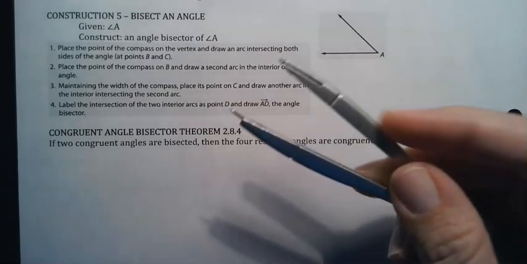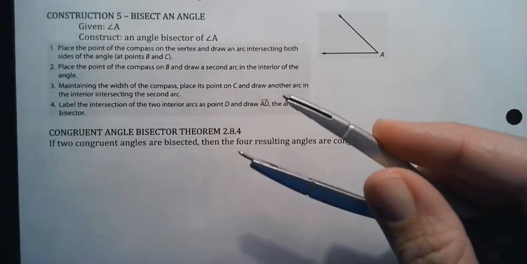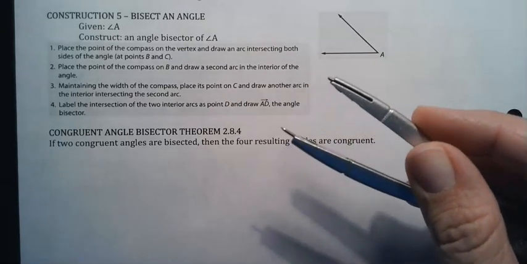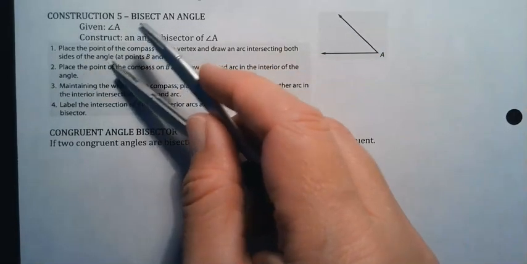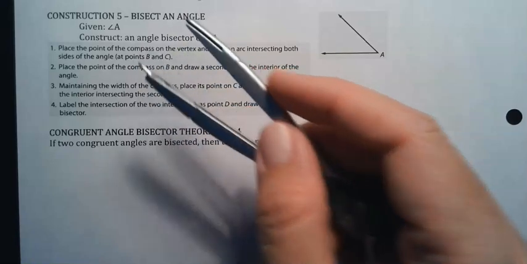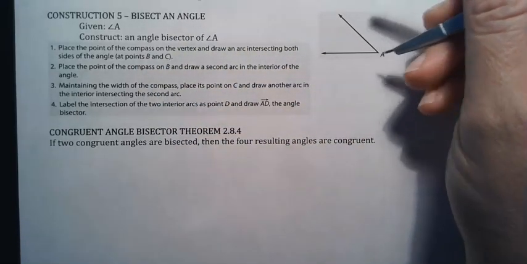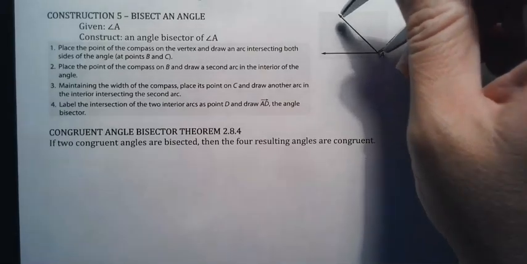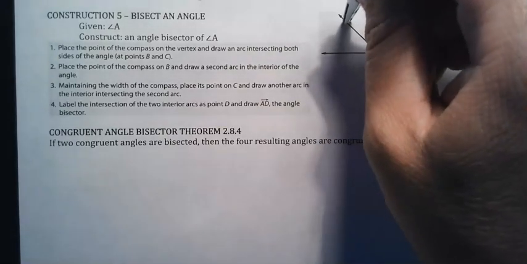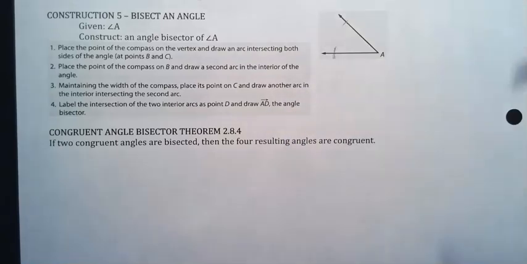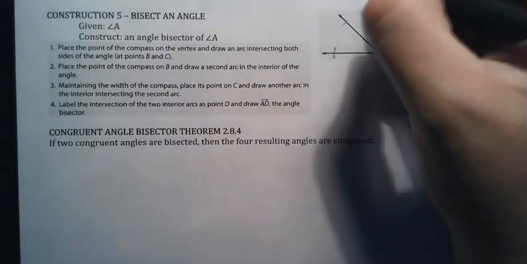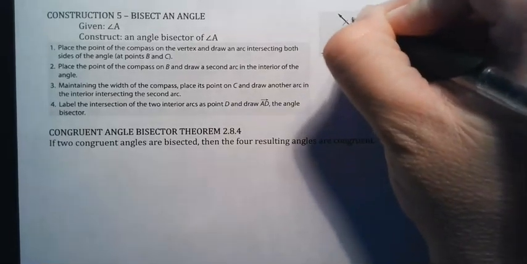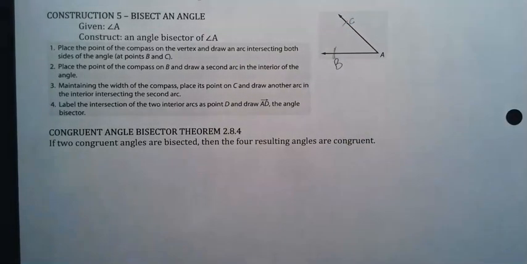First, we place the point of the compass on the vertex and draw an arc intersecting both sides of the angle, at points B and C, which we label. I need a little bit smaller here. All right, so I've got my two points, and I'm going to label them B and C, those points of intersection.